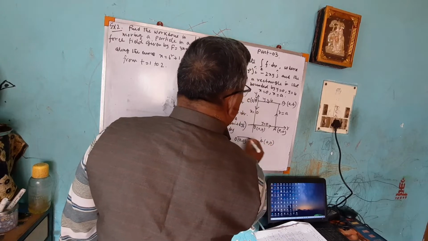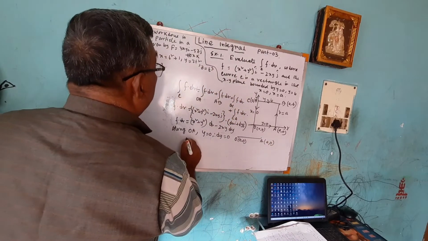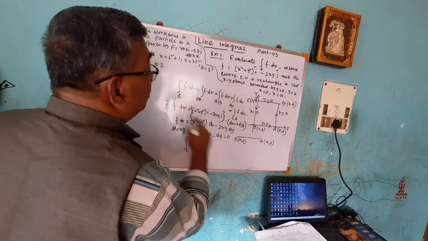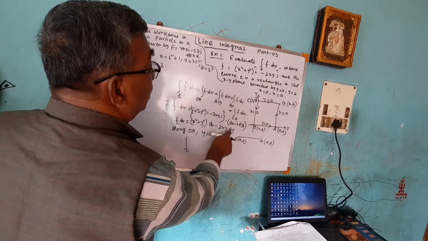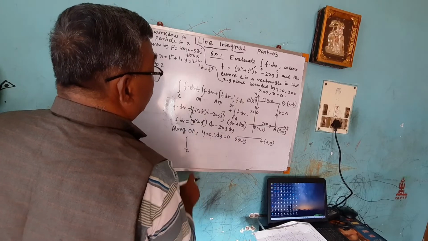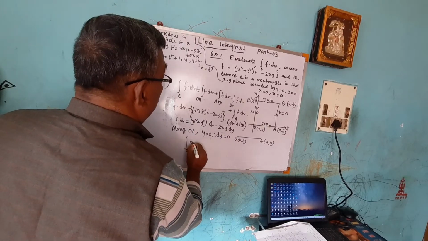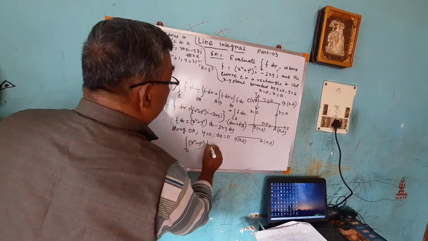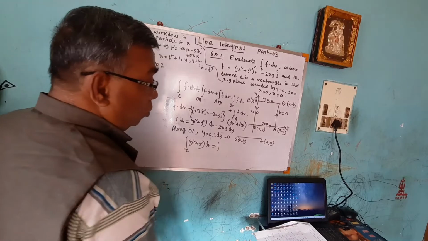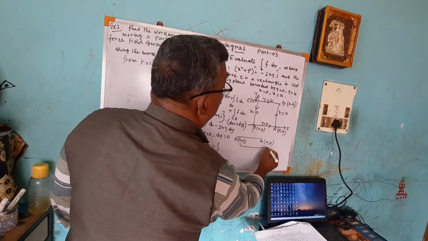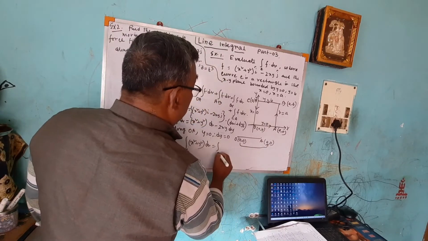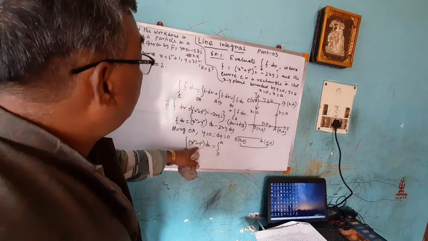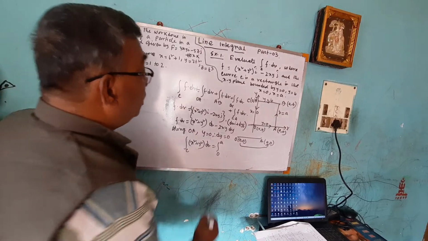Along OA, putting dy equal to 0, the integrand is x square plus y square into dx. But y is 0, so it is x square dx. Now dx is there, so we take the x coordinate from 0 to a: the integral from 0 to a of x square dx.